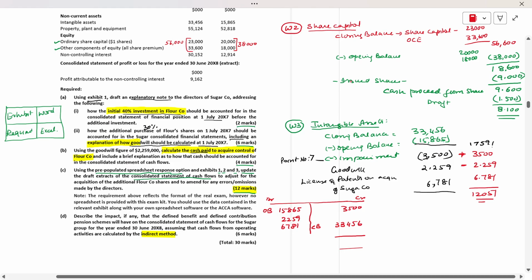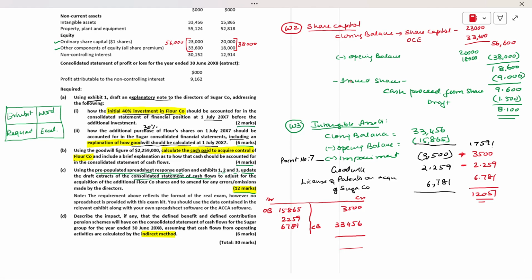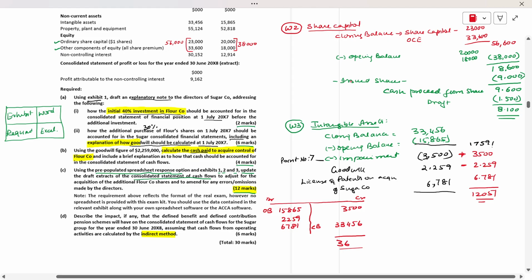Which side is more? Credit side is more. 3500 plus 33456. How much is there? 36956. Minus, okay?